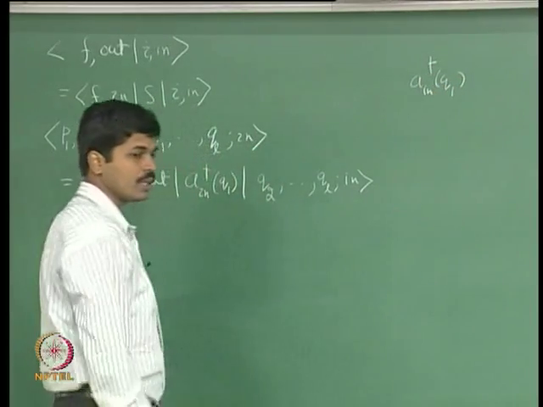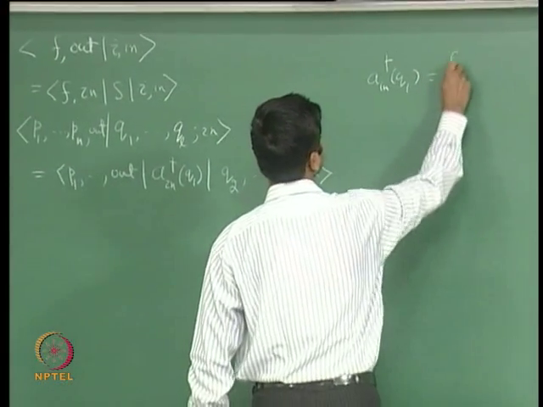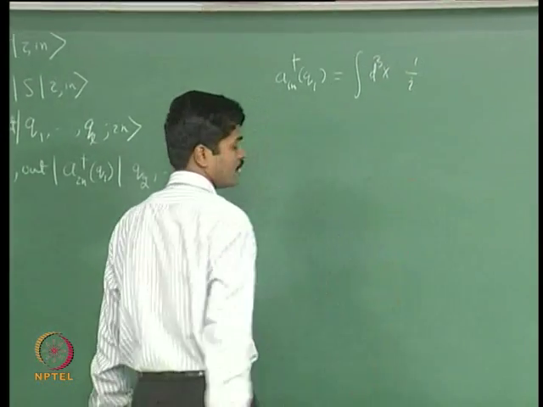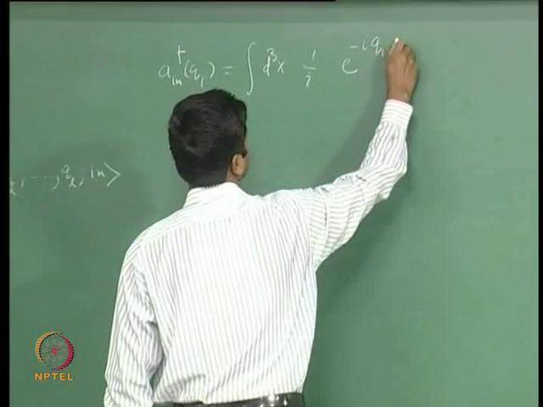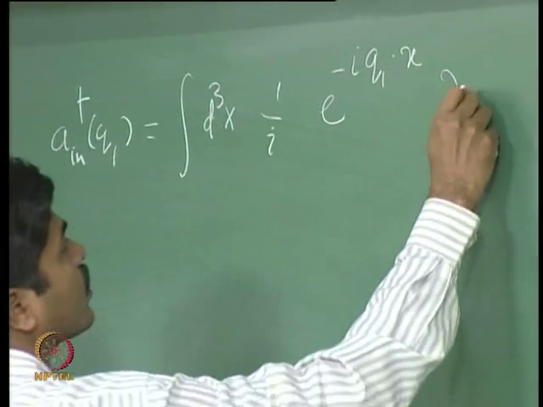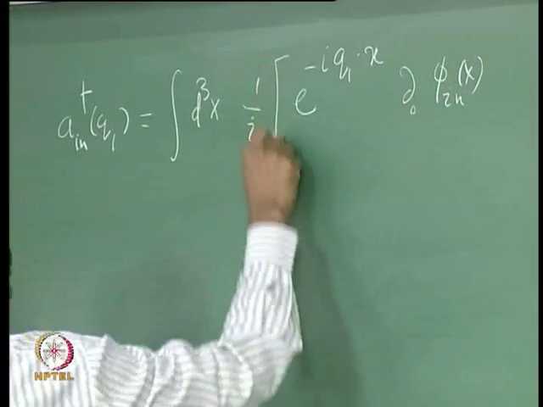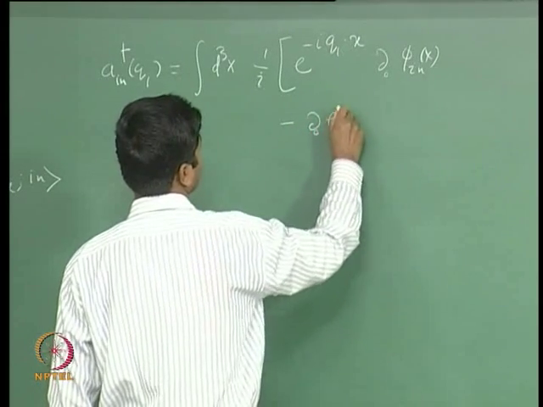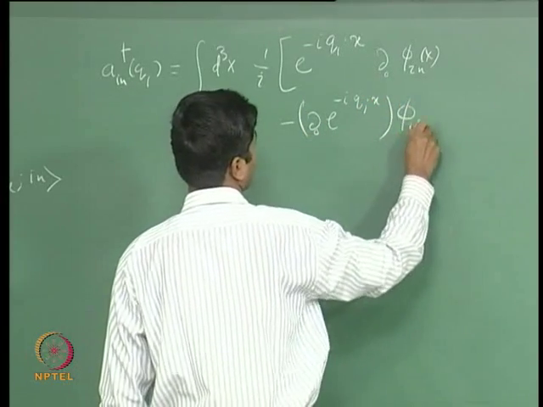a_in dagger of q1 is given by 1 over i times the integral d cube x of e to the power minus i q1 dot x times del 0 phi_in of x, minus del 0 of e to the power minus i q1 dot x times phi_in of x.